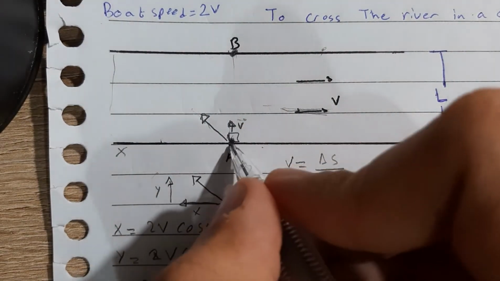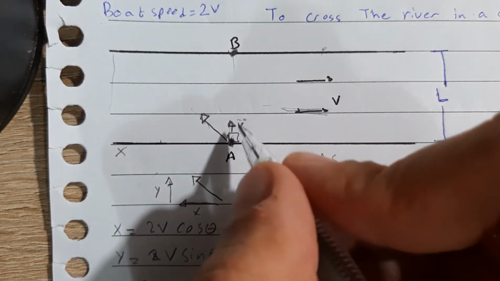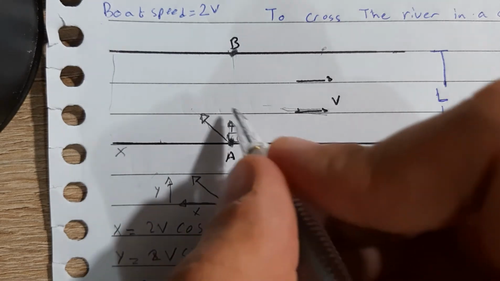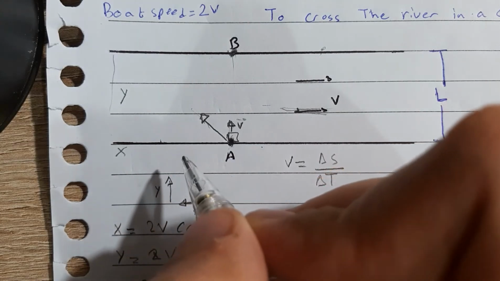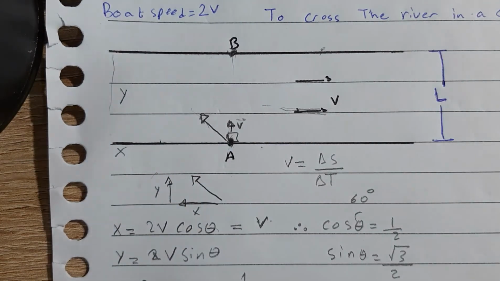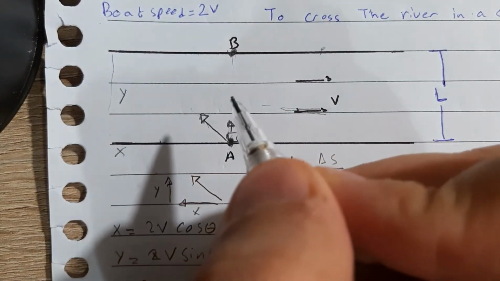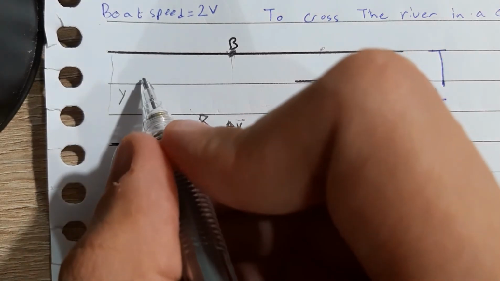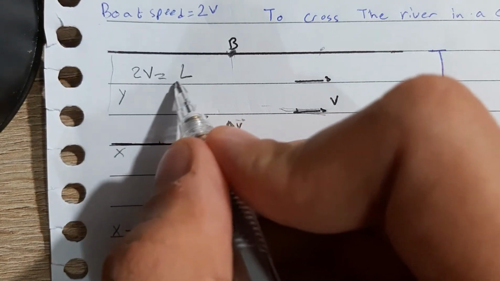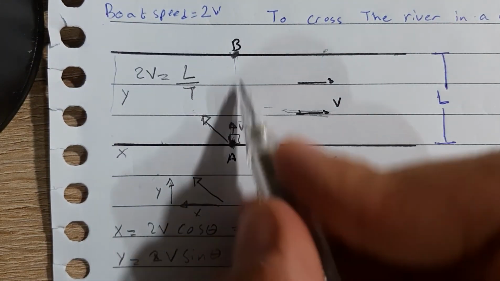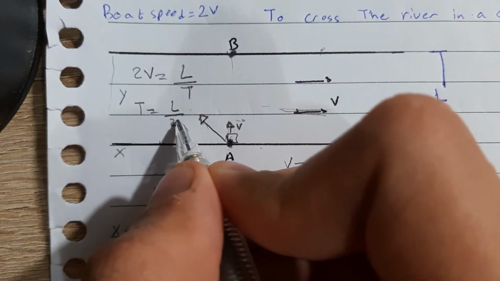But you will end up crossing the river in the shortest time possible, because you will be using all your boat speed in the epsilon direction. You won't have a component in x, okay? So if you wanted the shortest time, not the shortest distance, you would say that 2v is equal to L divided by the time, because all your speed would be going over there, and the time would be L divided by 2v.